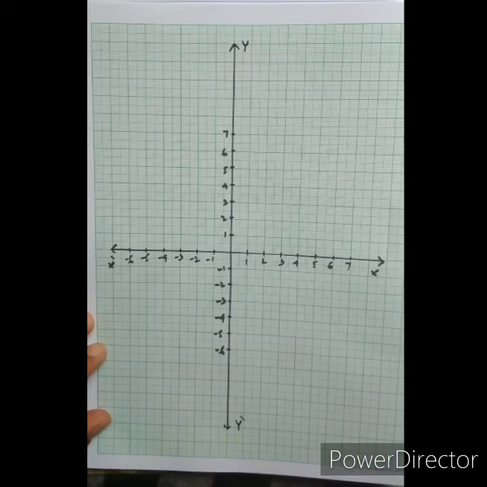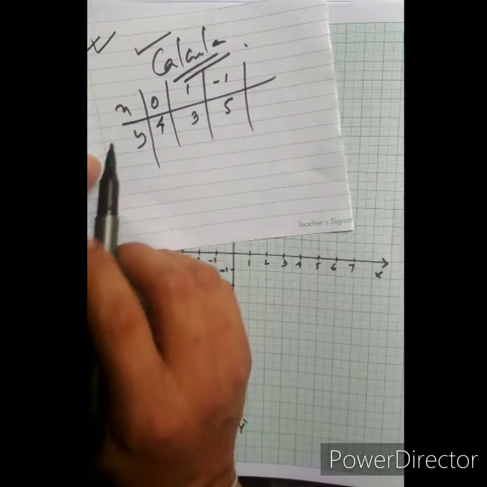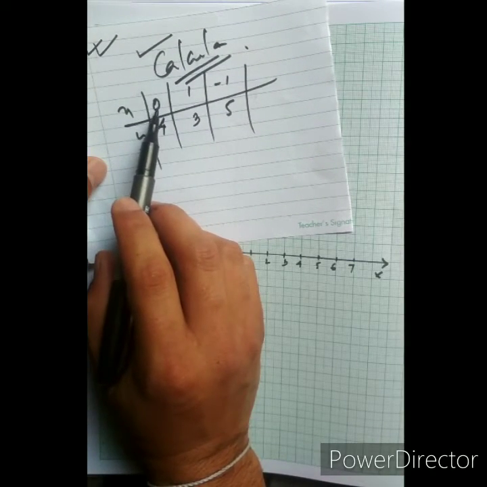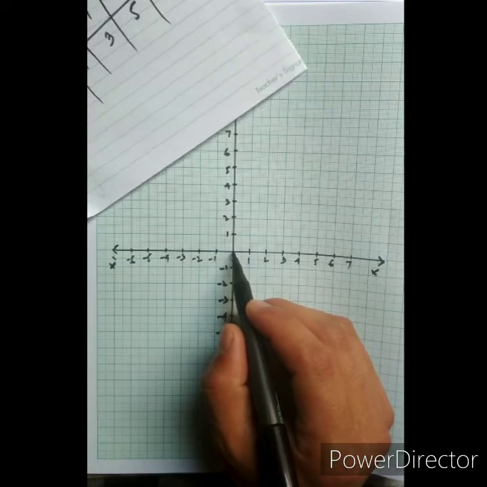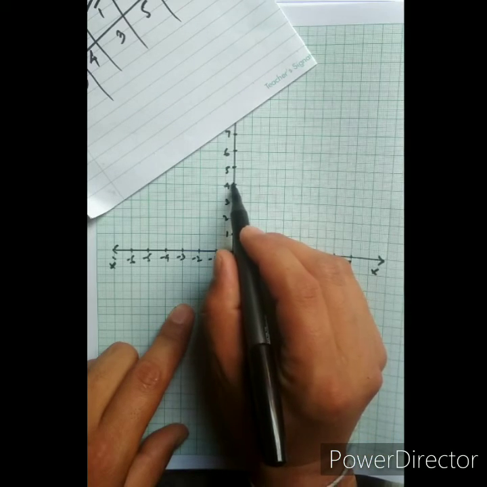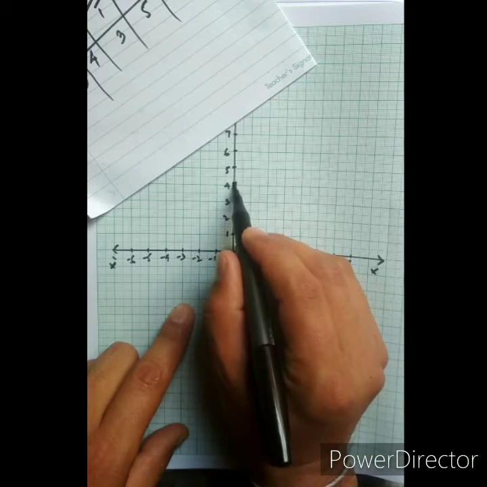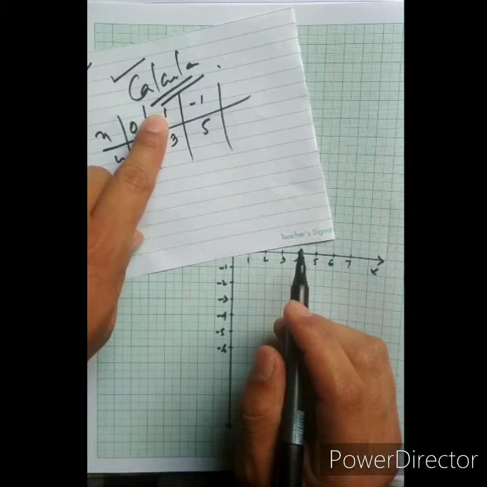So next we are going to plot the points. I'll show you once. The first one, x 0, y 4. So x 0, y how much? Y 4. So 1, 2, 3, 4. I have plotted the first one. Then what is the next one? x 1, y 3.